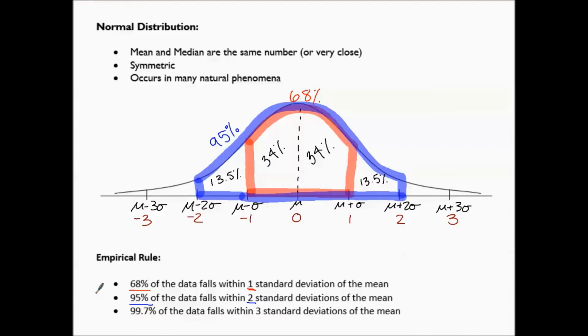The last section of the empirical rule says that 99.7% of data falls within 3 standard deviations of the mean. So that means that almost all of the data has a z-score between -3 and +3.